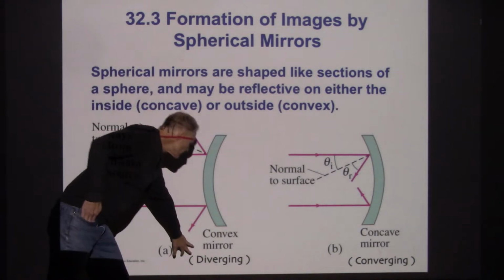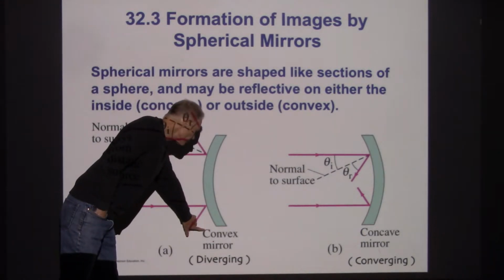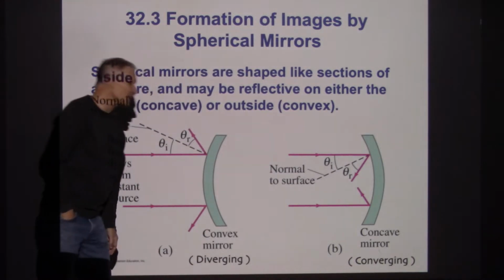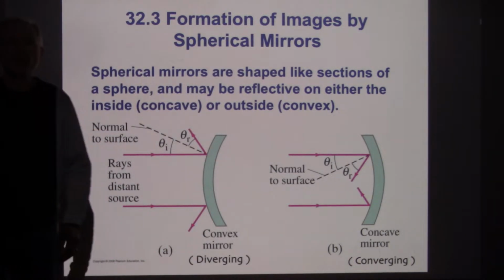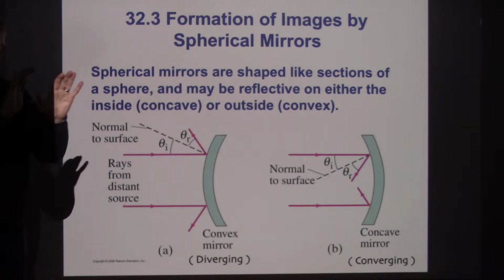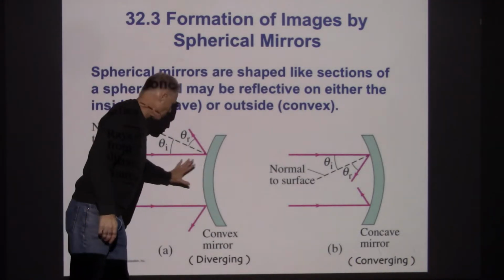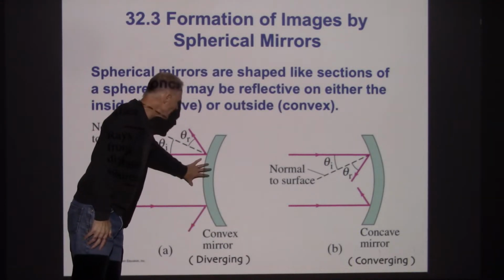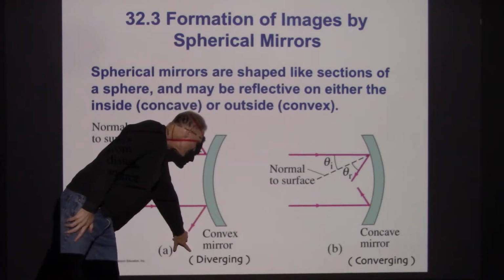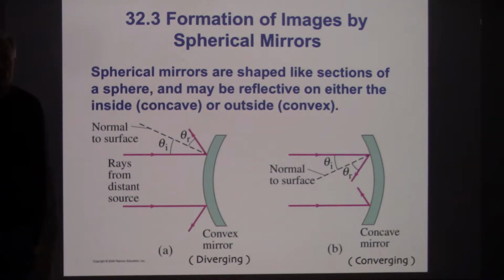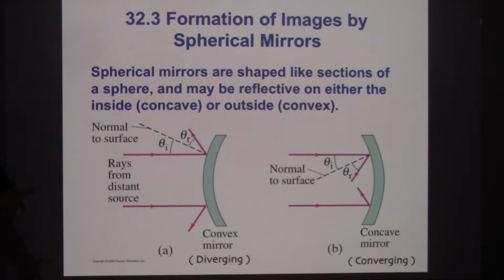And diverging mirrors have a shape. The shape of that surface, we say, is convex. The convex specifically refers to the fact that the mirror bulges out towards the direction where the light's reflecting. So this surface that's bulging out is called convex, and a convex mirror creates a diverging effect. So the mirror is diverging.